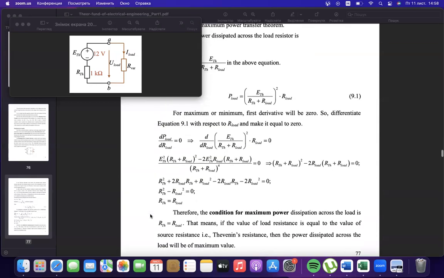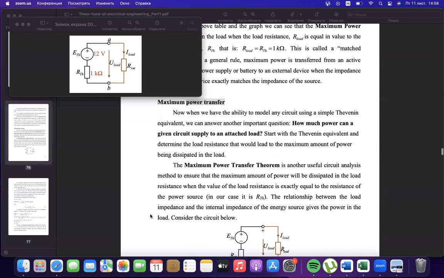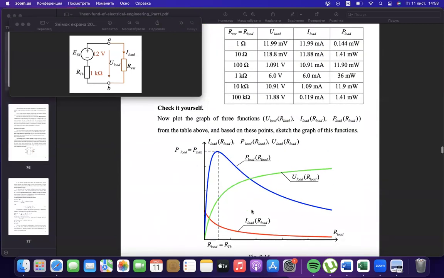But it has some disadvantage. Why is it so? Because if we return to the graphs, what is power generally? Power is I square on this R load. Then power is the multiplication of two functions. As power should be bigger, the resistivity of the load should be bigger.